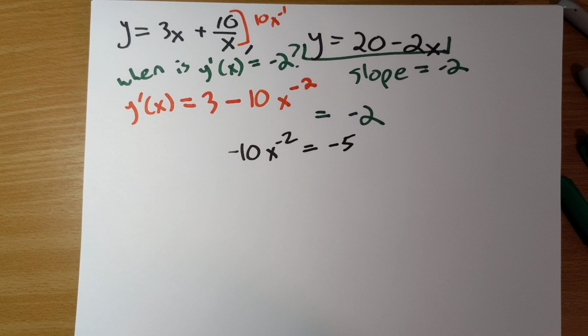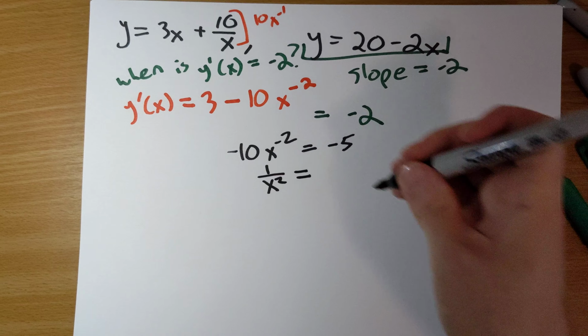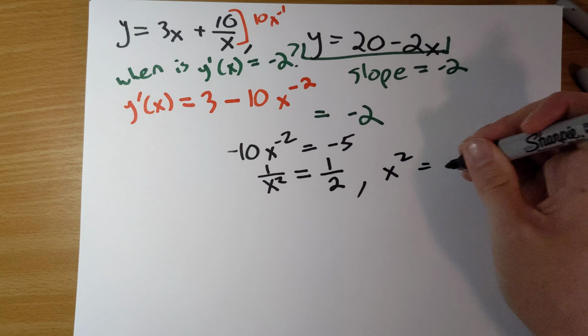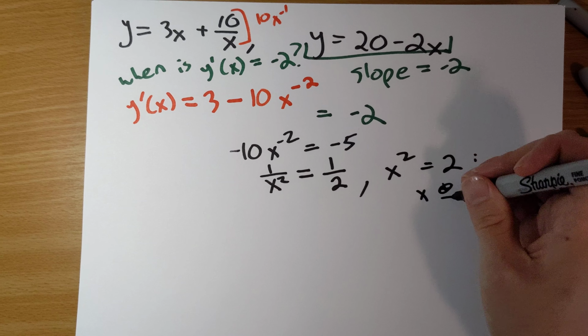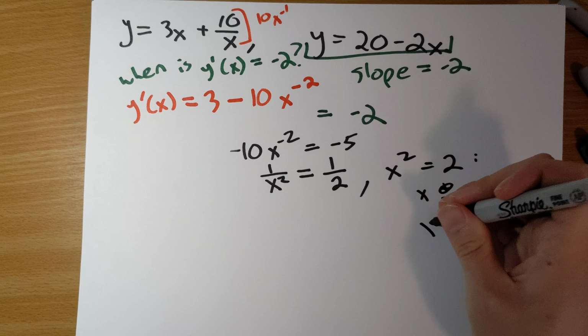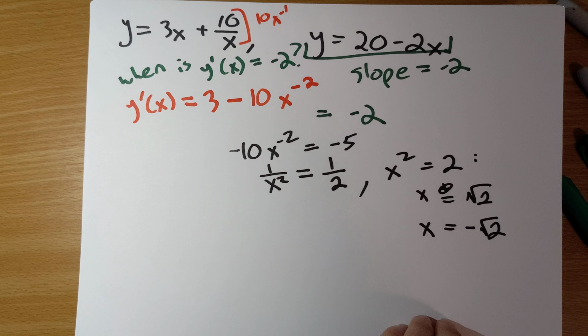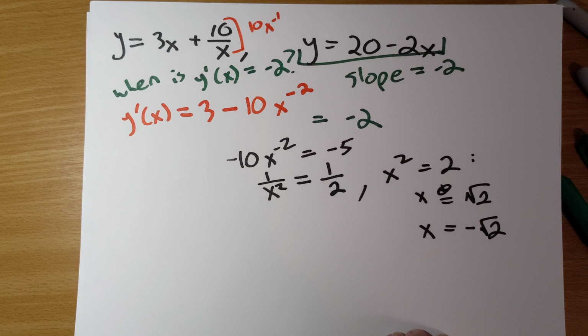Divide both sides by -10. 1 over x squared is equal to 1/2. So x squared is equal to 2. So x is equal to positive square root 2, or x is equal to negative square root 2. Those are the two possibilities that we have for this.